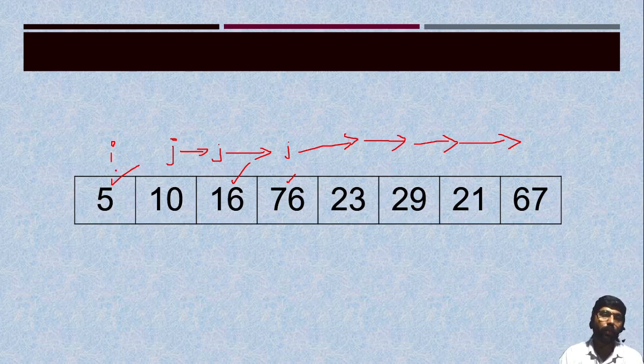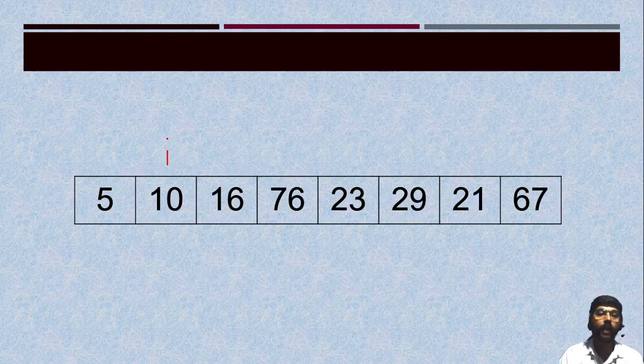Now in the next outer for loop, the i value is incremented this way. Now i is pointing here in the next outer for loop, and j is pointing somewhere here. And again the j comparison starts from the third element to the last element here. If there is no match found for the 10, it just rejects all the if conditions here.